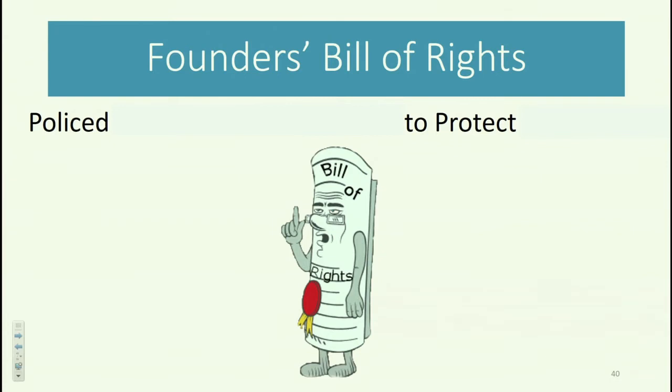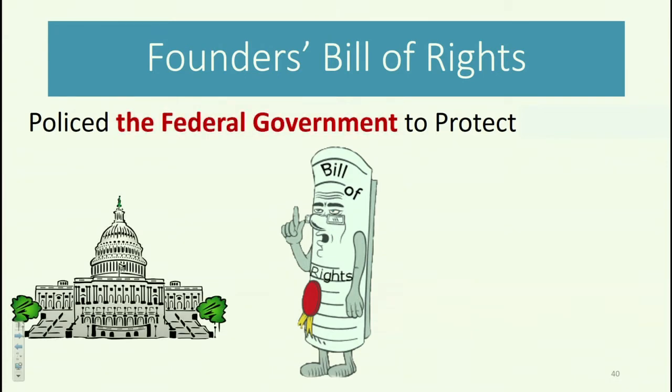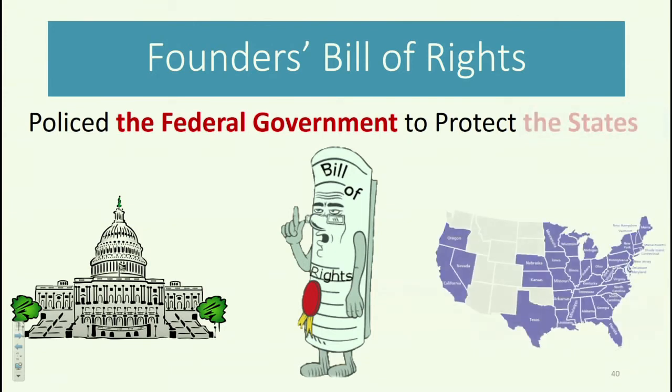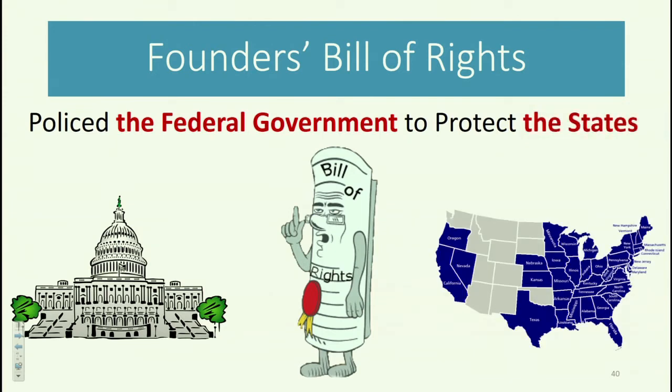So, the Founders' Bill of Rights policed the federal government to protect state and local communities. I had a hard time wrapping my head around this when I first was exposed to the idea.